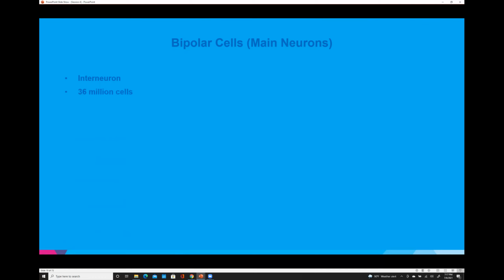There are 36 million bipolar cells. Now remember, we had 126 million photoreceptors, and now we have 36 million bipolar cells. So by definition, bipolar cells are getting more information, on average about a 4-to-1 ratio, than the photoreceptor. Each bipolar cell is taking in more information.